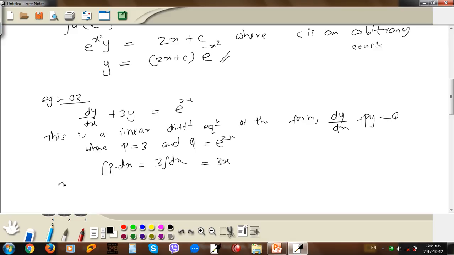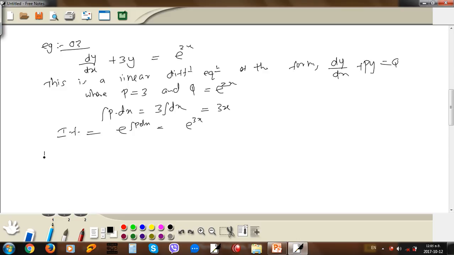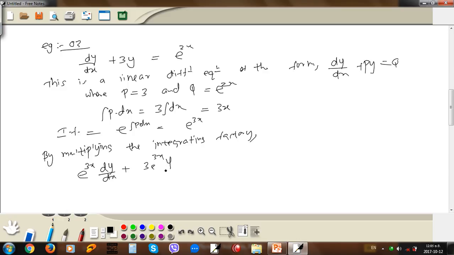Now the integrating factor is e to the power integral of P dx, that is e^(3x). Multiply the whole equation by the integrating factor: e^(3x) dy/dx + 3e^(3x) y equals e^(2x) times e^(3x), which is e^(5x).